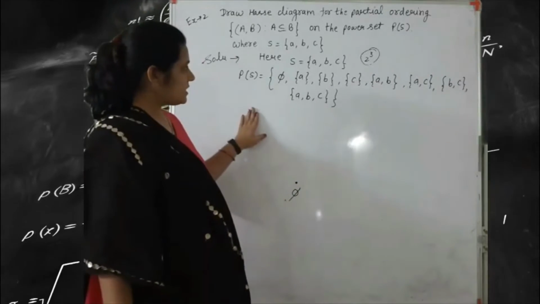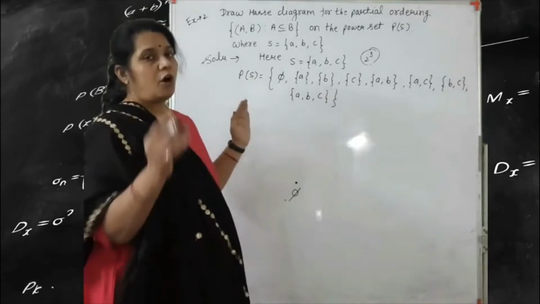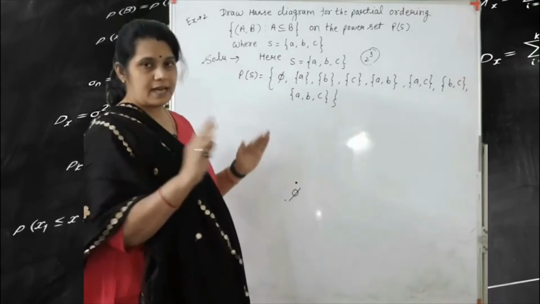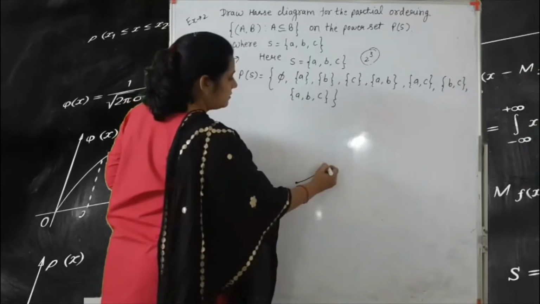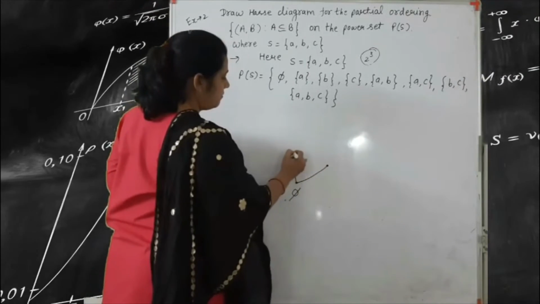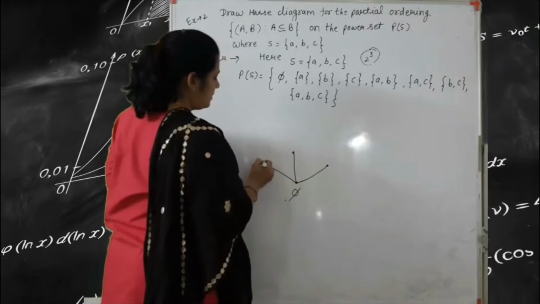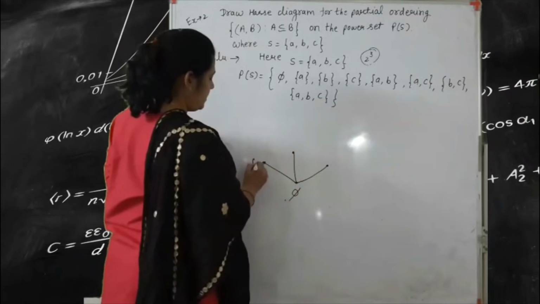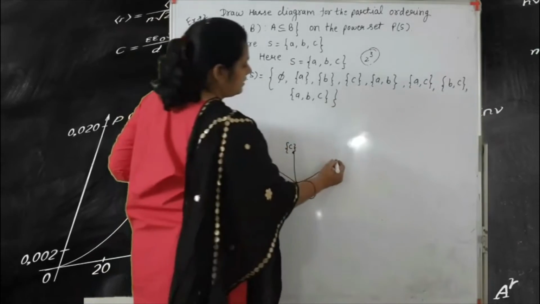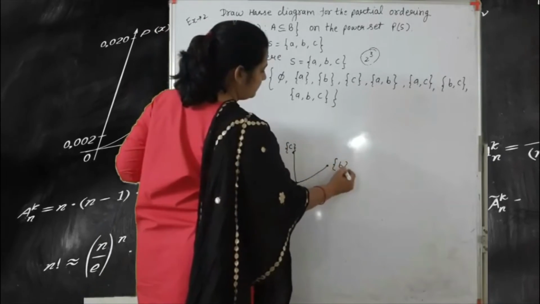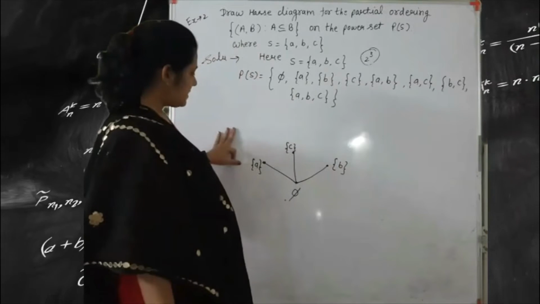Okay, so first one, here we draw, this is your ϕ. This vertex is your ϕ. Okay, next one is what? A, B and C. All these 3 sets are distinct. Okay, so here we draw 3 vertices. Okay, this is your A, this is your C and this is your B. Got it? Next is what?